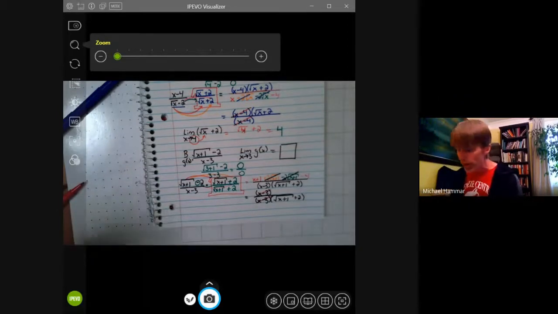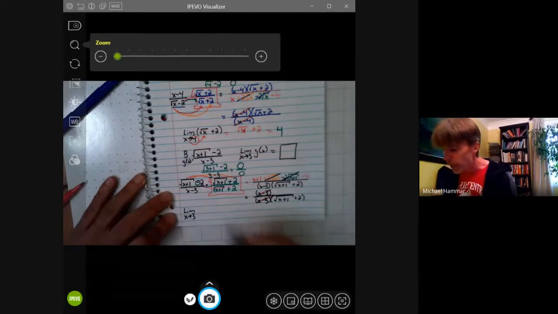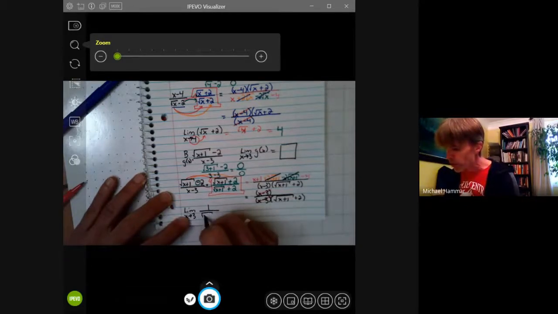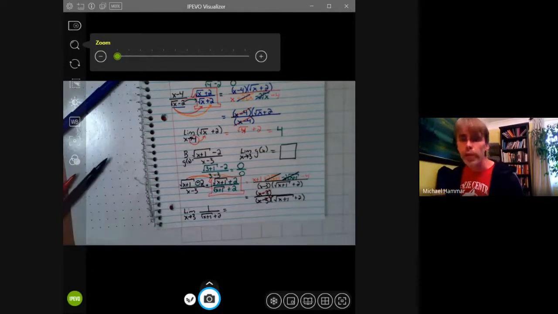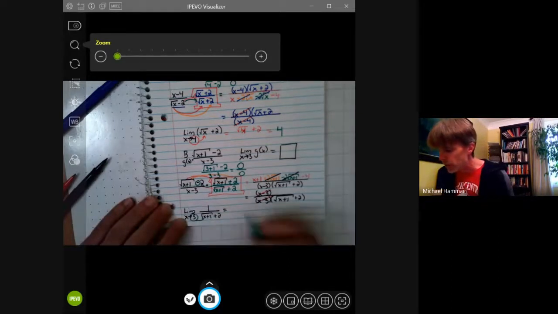So what happens now? Now you find the limit as x approaches 3 of what is left over. The function that's left over is 1 over the square root of x plus 1, plus 2. This is where direct substitution comes into play. We're now going to take the 3 and substitute it in here.